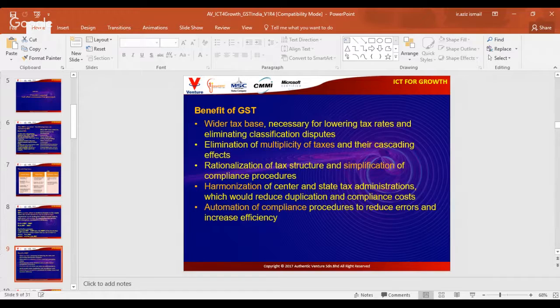In the GST, there's also automation of compliance procedures to reduce errors and increase efficiency. You will learn later on how the GSTN will help you with a lot of this automation in the calculation of the various GST submissions.